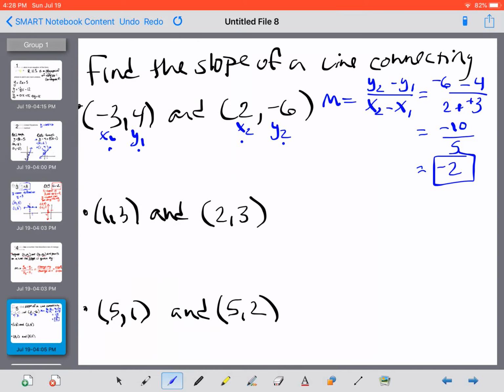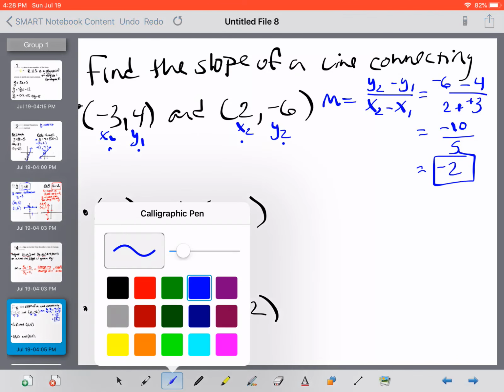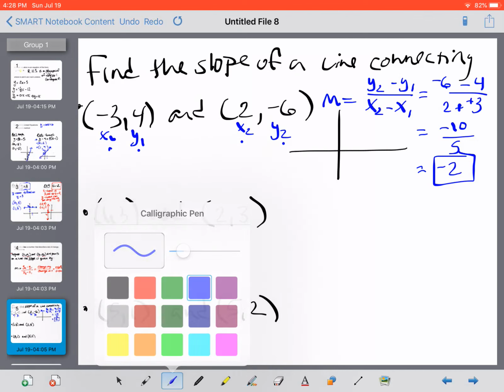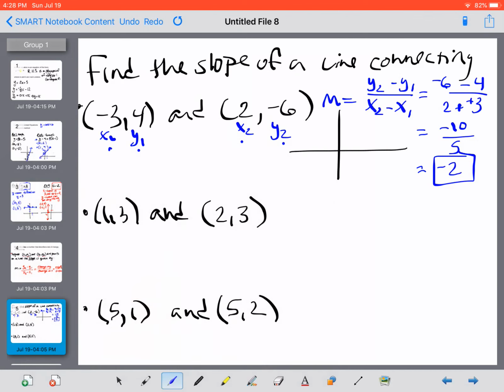Okay, so what does it mean to have negative slope? We said that slope describes the steepness of a line. Well, if we were to actually graph this, if we were going to plot these points and graph it, we have a point roughly, I'm not going to draw this to scale, but at -3, 4 is somewhere up here, and at 2, -6 is somewhere down here.